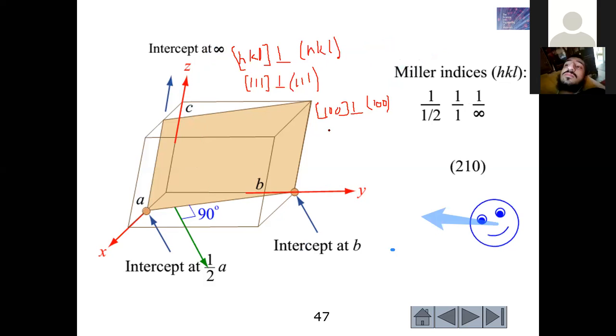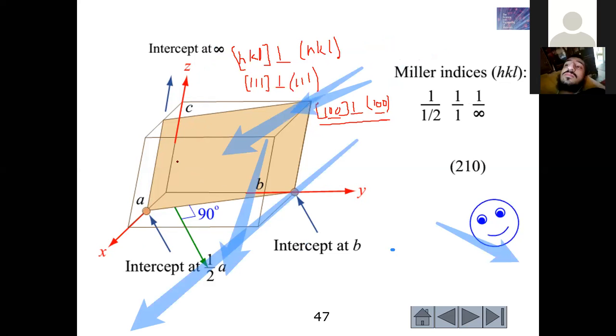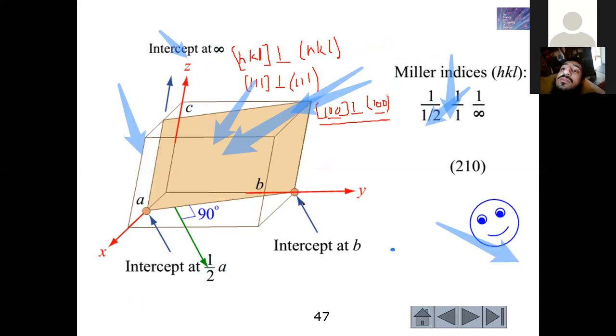So this is the concept that you need to remember, right? Same indices direction is perpendicular to same indices plane. If you look at this figure, this plane is (2 1 0), right?